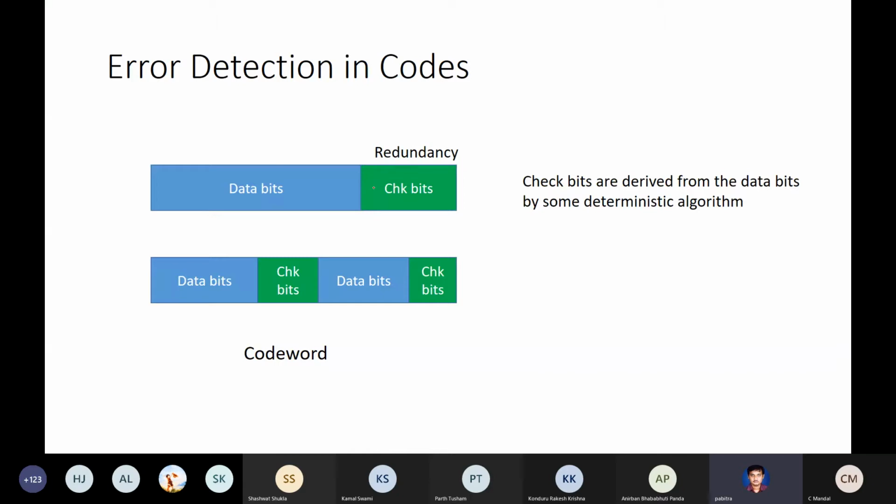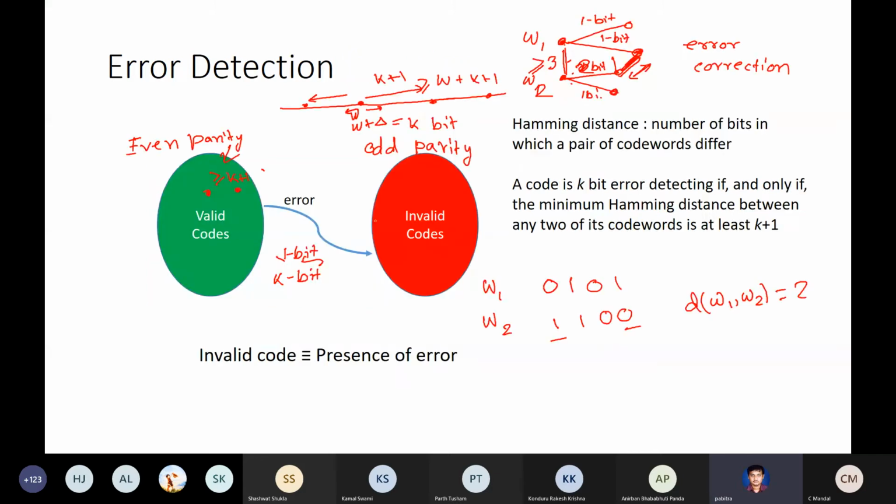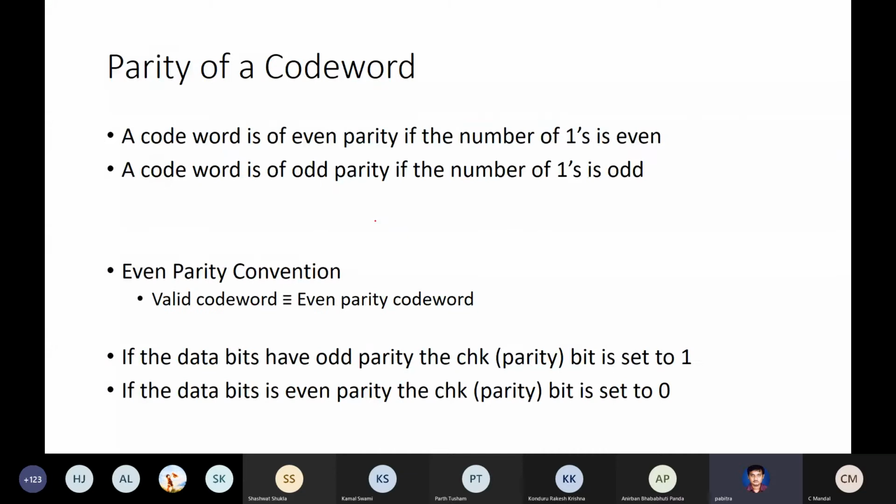If it is odd parity, we will not consider it a valid code; there is an error. So basically, your check bit is nothing but the parity bit. If the data bits have odd parity, you set your check bit to 1, so the total code word becomes even parity. And if your data bits have even parity, you set your check bit to 0.